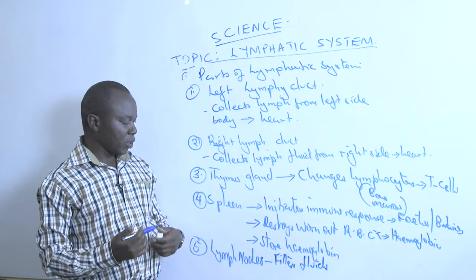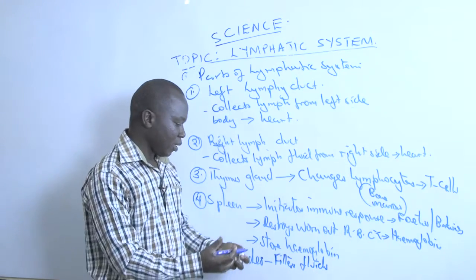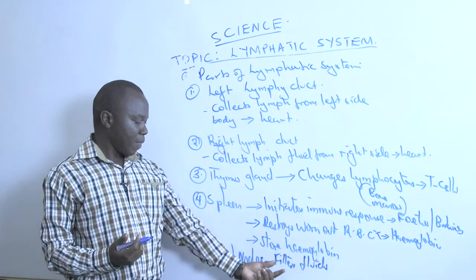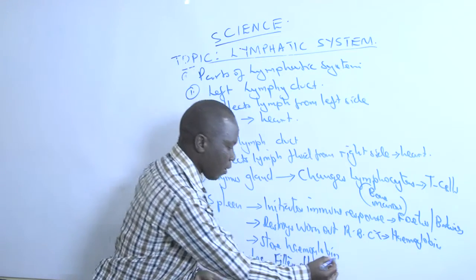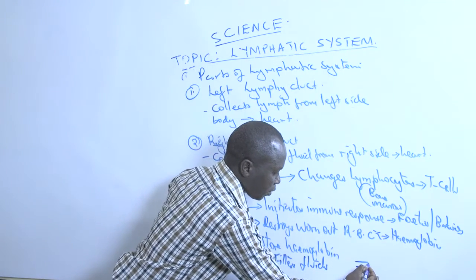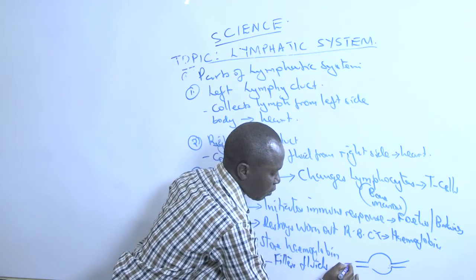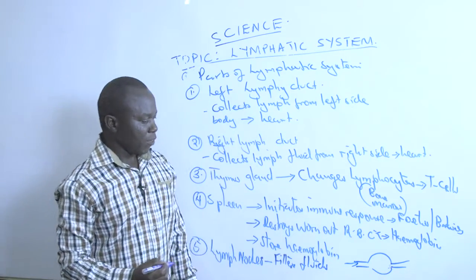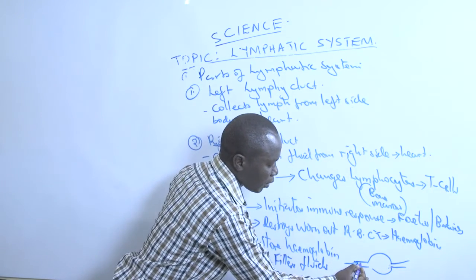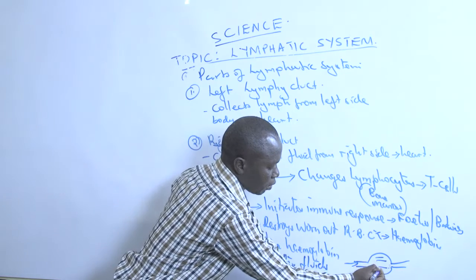For example, if the fluid is having bacteria, if we have lymph fluid flowing through the node and it has bacteria, what will happen?